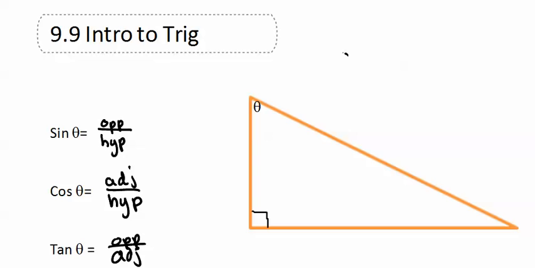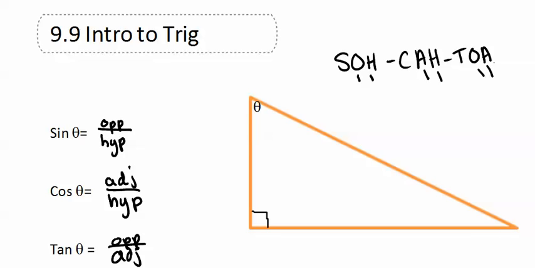You may be familiar with the saying SOHCAHTOA. That's just an acronym to help you figure it out. Sine is opposite over hypotenuse, cosine is adjacent over hypotenuse, and tangent is opposite over adjacent.